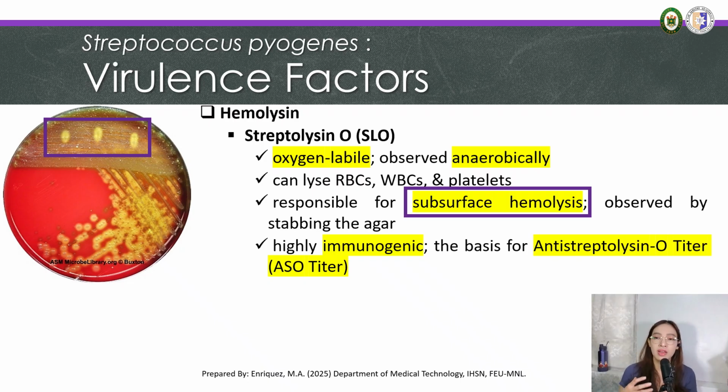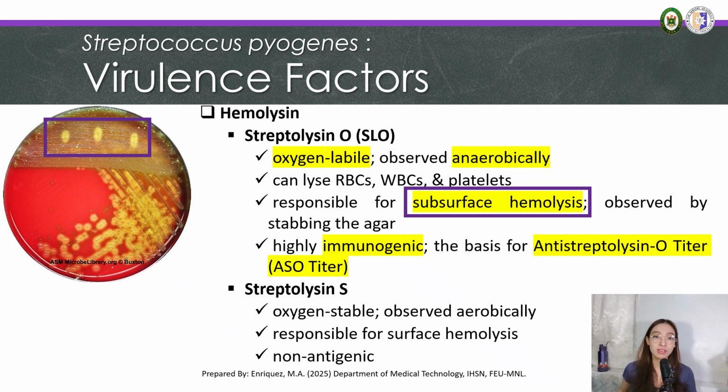So if for example, previously nagkaroon ng strep pyo infection itong pasyente na ito, of course, we would be able to find out kasi its immune system was able to produce antibodies against SLO. All right. So again, this is to find out if a patient has had a recent infection with Streptococcus pyogenes. Again, that is the ASO titer. We aim to detect the antibodies produced against streptolysin O.